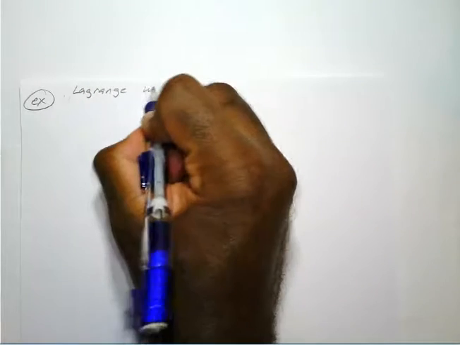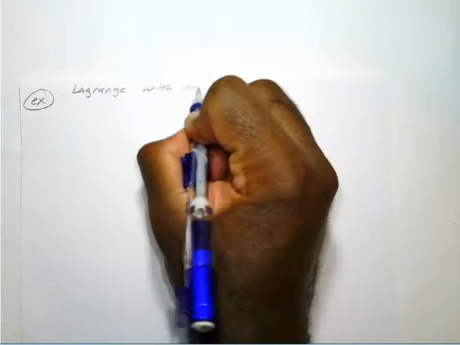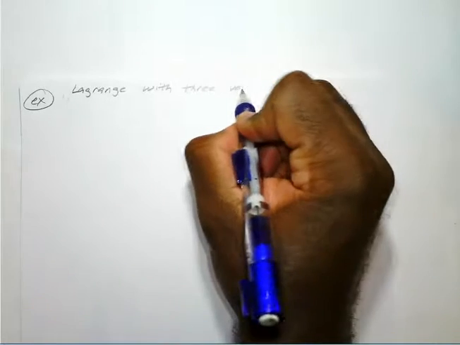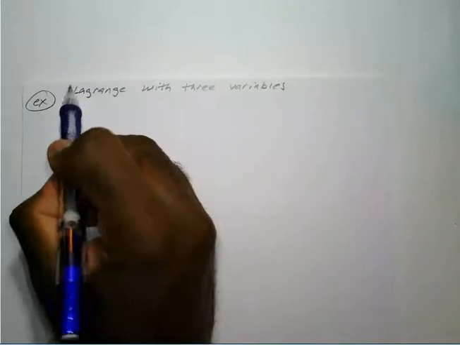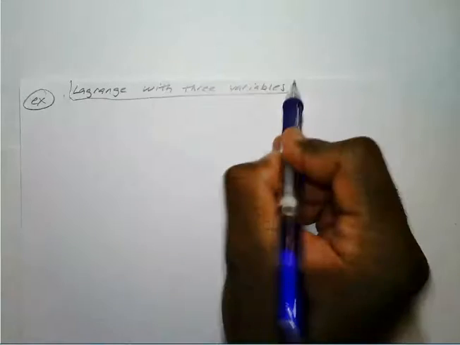Okay, so let's say for this example, we want to do Lagrange with 3 variables. In this case, the approach is pretty much the same.